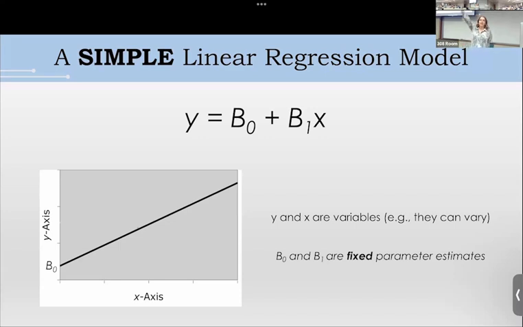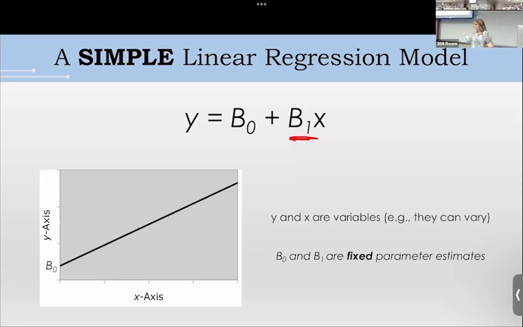We are estimating relationships out there in the population. So when we look at this b1, we're saying that's our best guess, our estimate of the relationship between x and y out there in the population. That's our parameter estimate. And it's fixed because we're determining one parameter estimate for everybody.